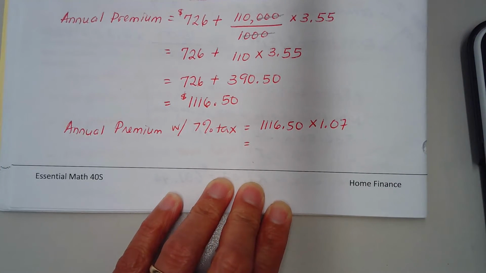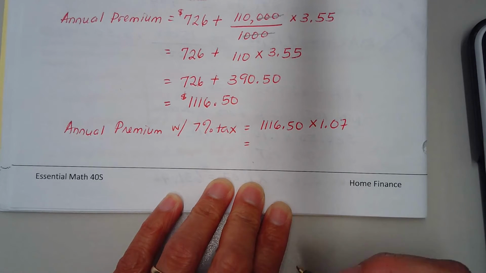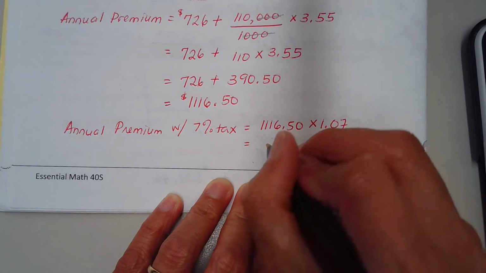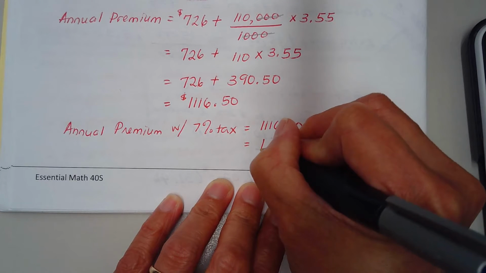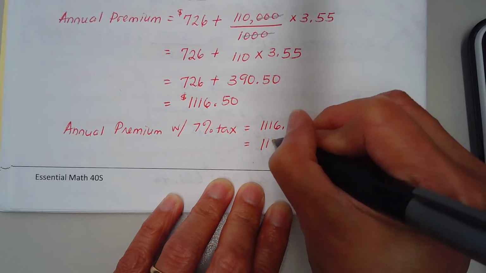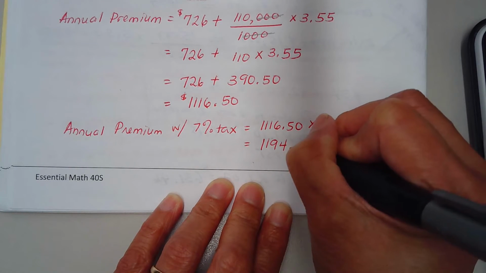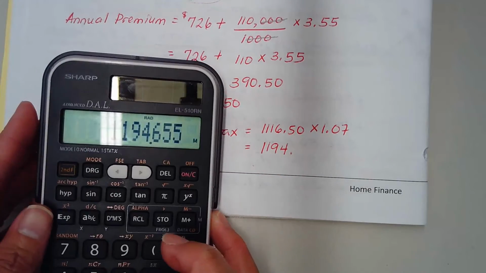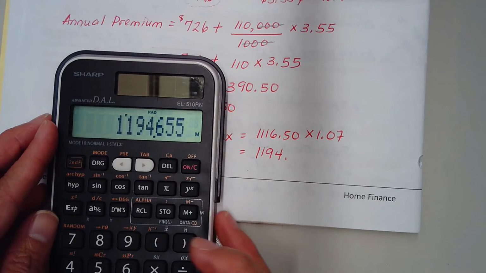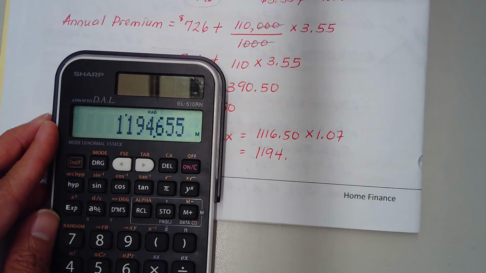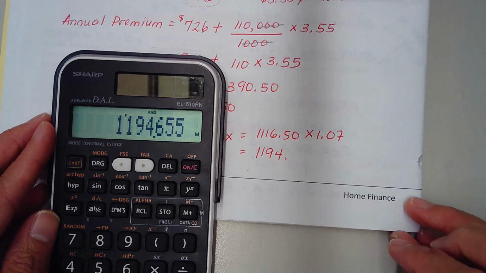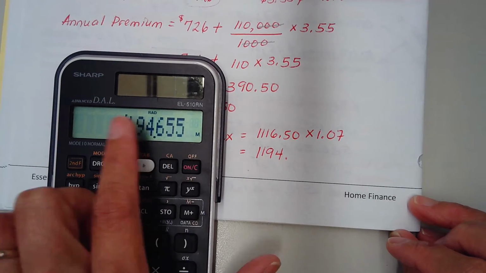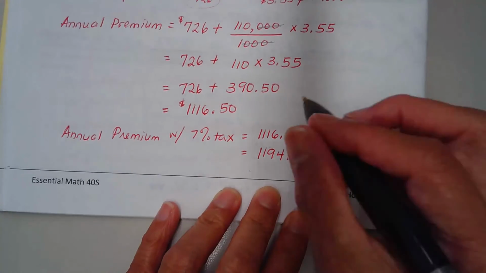It's going to give us a grand total of $1,194, and this is what I got. I'll just show you on the screen here. $1,194.655. Now we've got to round it off to 2 decimal places, so it would be rounded off to 66.